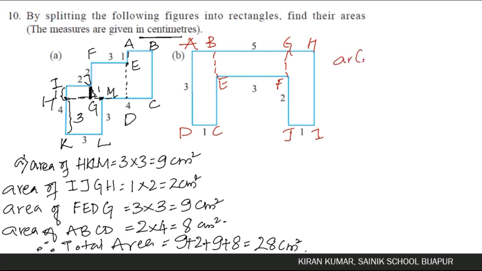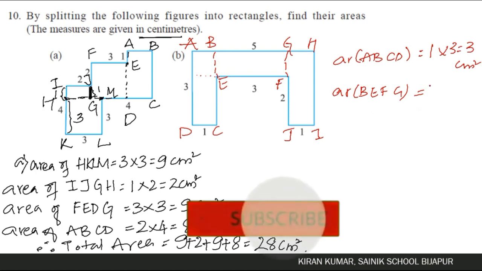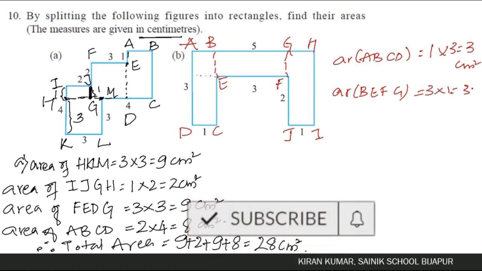What is the area of A, B, C, D? This will be equal to 1 times 3, it is 3 centimeters square. Area of BEFG, from ear to ear it is 3, from here to ear it was 3, so 3 minus 2 will be 1, so 3 times 1 is 3 centimeters square.